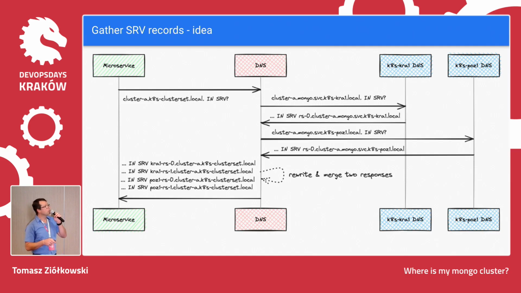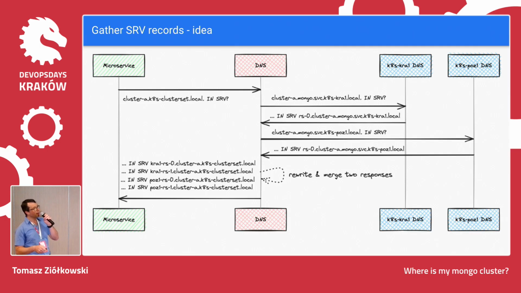And what is also more important, this query is rewritten to the format that is accepted by Kubernetes in a particular DC. So cluster A Kubernetes cluster set local is rewritten to two queries, one to cluster A Mongo service Kubernetes CRA1 local, and the second to the other local.